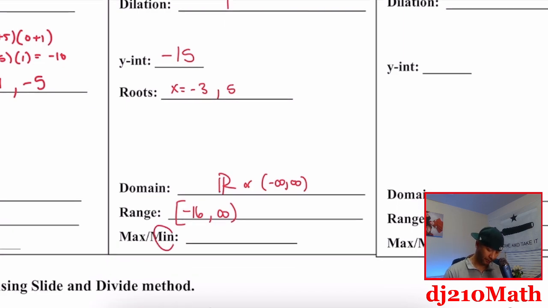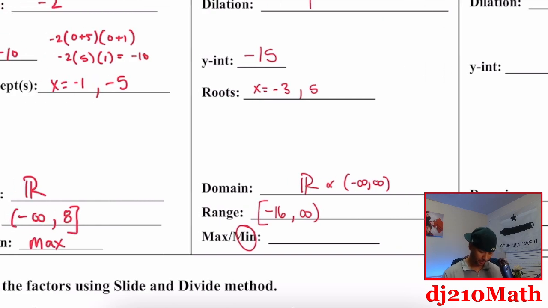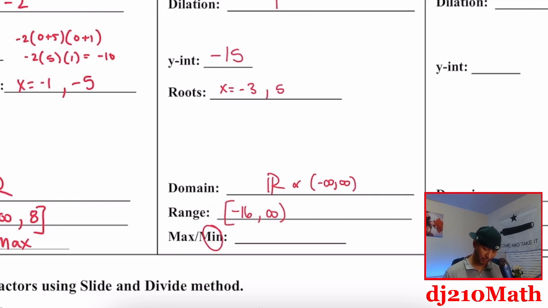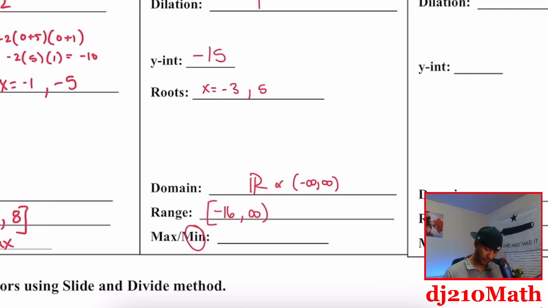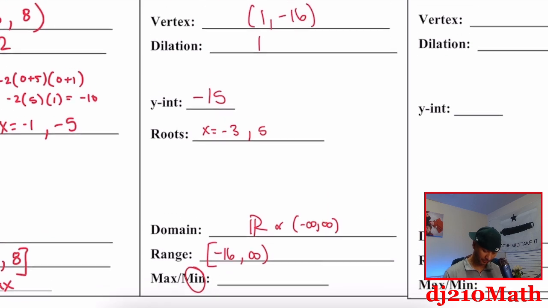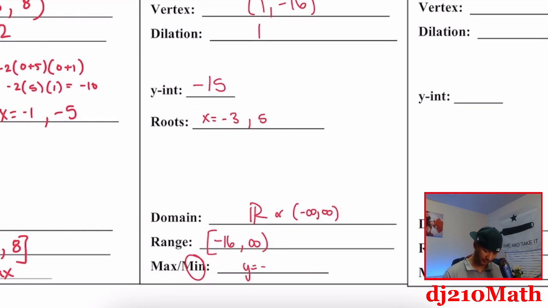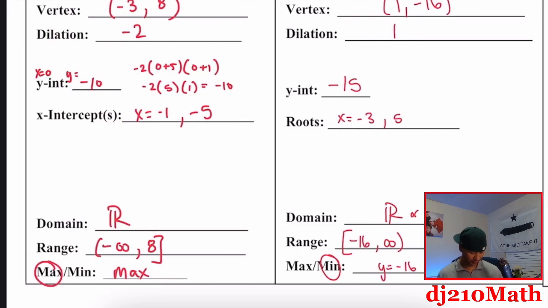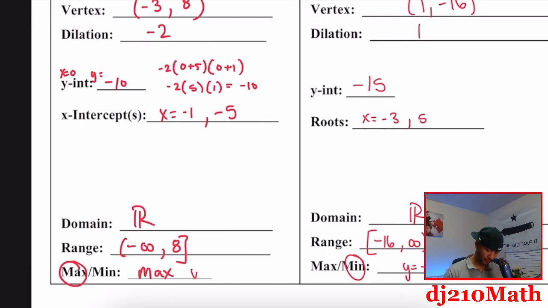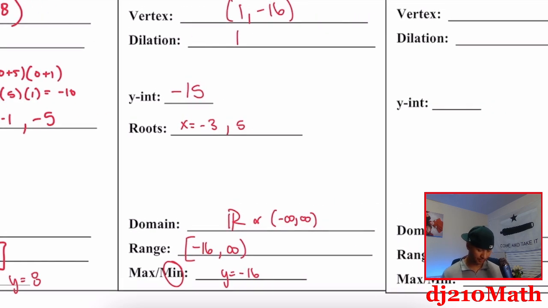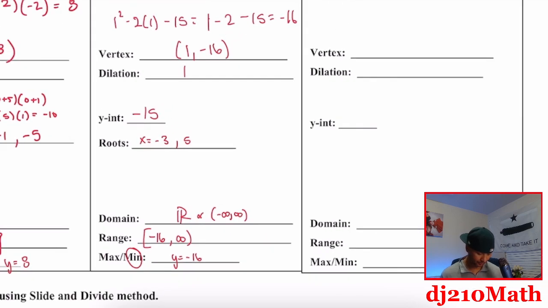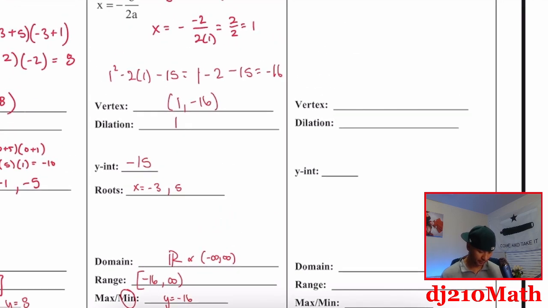All right, and this was definitely a min. Oh, you know what? I feel like maybe it wants the number. The minimum was at the y value, right? At y equals -16. Over here, this was going to be y equals 8. I have a feeling that's what they want. Okay.